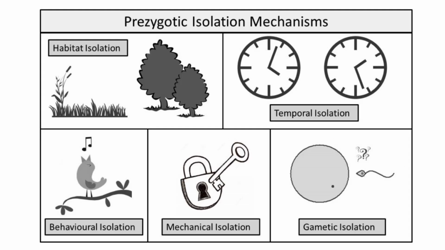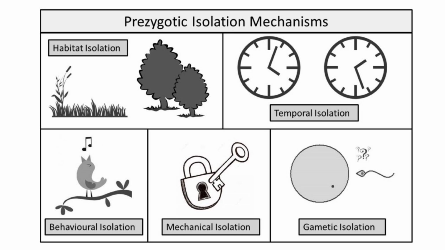So there's various different prezygotic barriers or isolation mechanisms. It could be because two individuals are unable to form a zygote because their gametes never interact because they're somehow isolated in different habitats. Or maybe something about the behavior of mating or the opportunities for parents to interact is somehow inhibited by time.